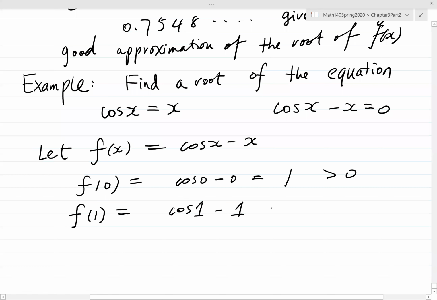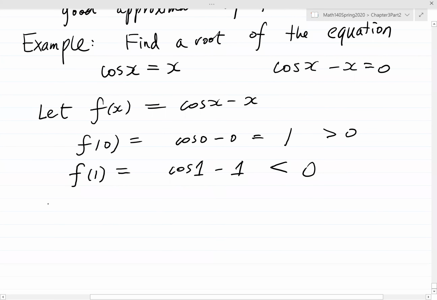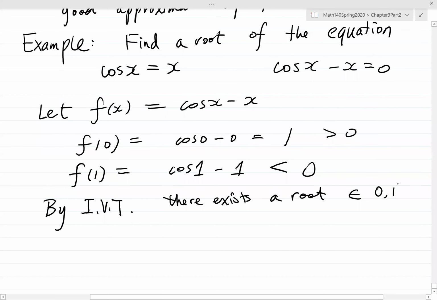Cosine is bounded by 1, so it's negative. So by continuity, by the intermediate value theorem, there exists a root, actually a unique root since f is decreasing, in 0 to 1.